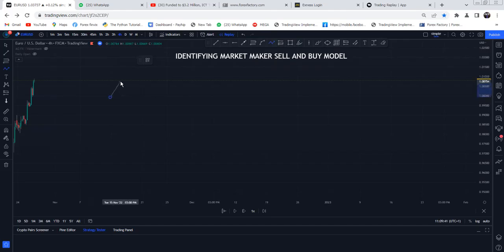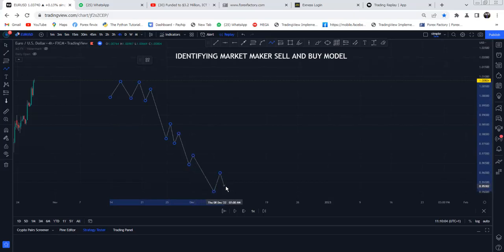We have something like this, like an accumulation phase. Price moves away from it, drops down to somewhere, creates a little consolidation, and goes further down, creates another consolidation, then it reaches a PD array.